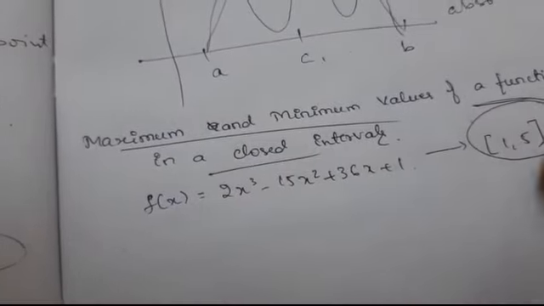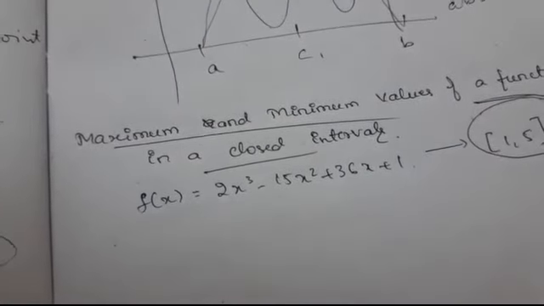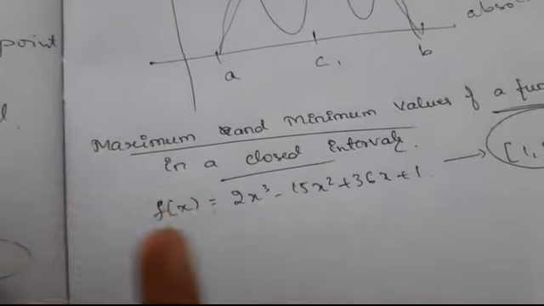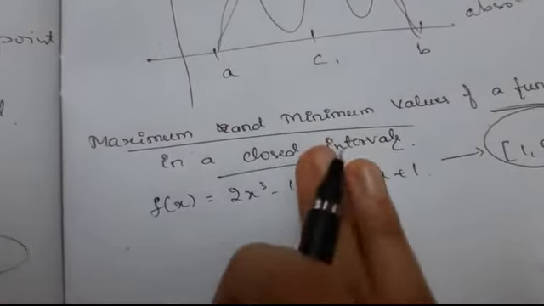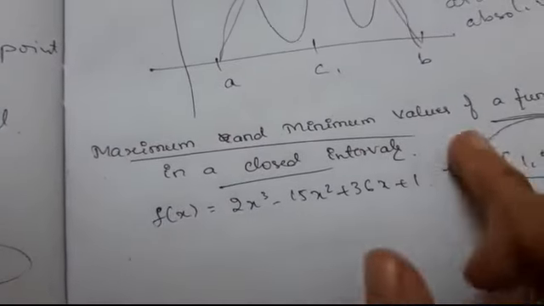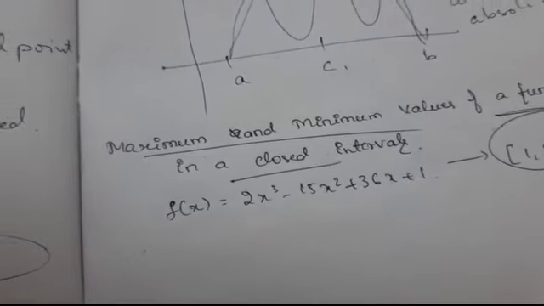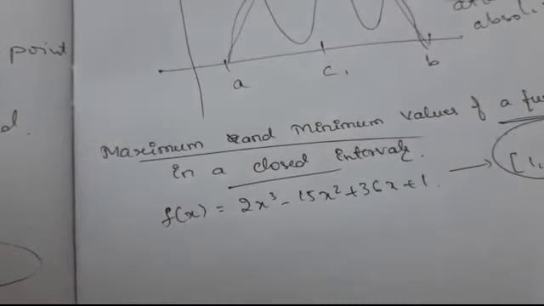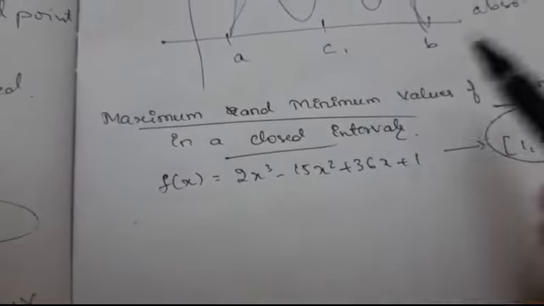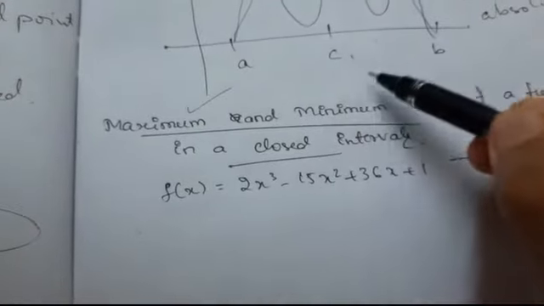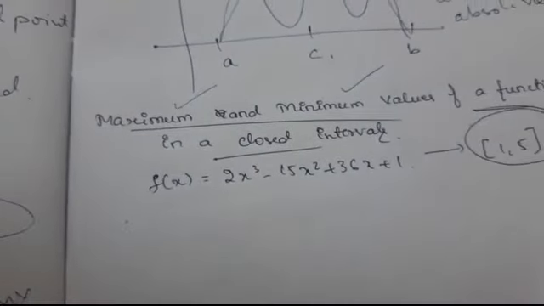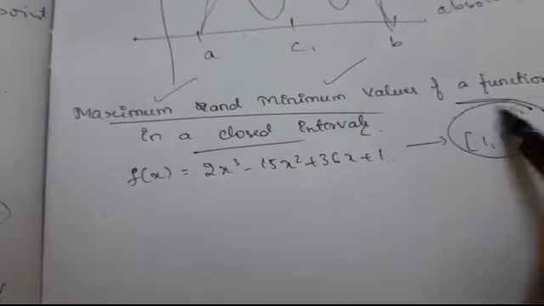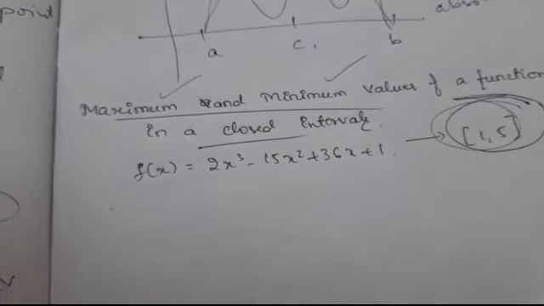So how are we going to find the absolute maximum and absolute minimum when they are not mentioning local maxima or local minima, only giving maximum and minimum value, which is nothing but the absolute maximum and absolute minimum itself. So here we are going to find the absolute maximum and absolute minimum value of a function in the closed interval. So how are we going to deal with it in the closed interval?